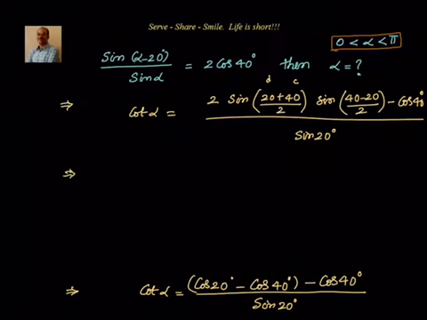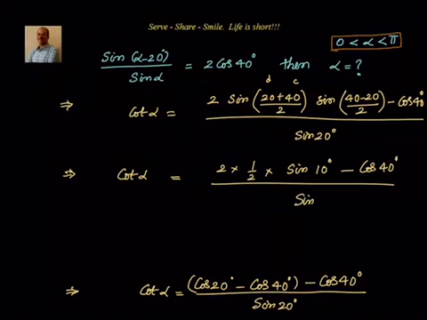In the next step, we'll simplify this. We'll write down 2 into sine of (20 plus 40) by 2, which is sine 30. So 2 into 1 by 2 into sine of (40 minus 20) by 2, which is 10 degrees, minus cos 40 degrees divided by sine of 20 degrees.